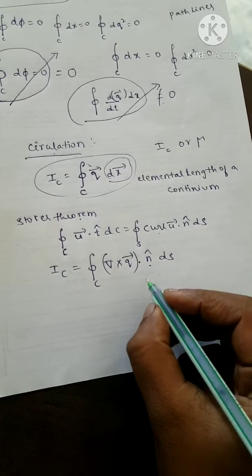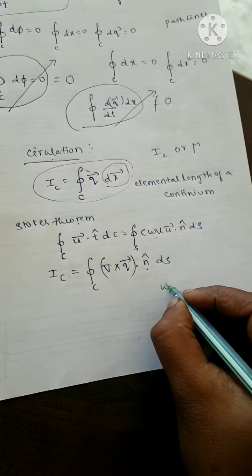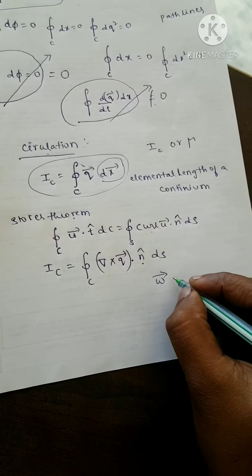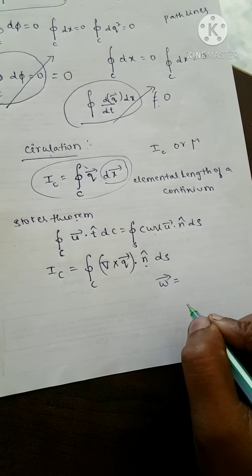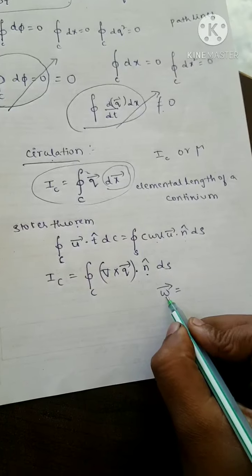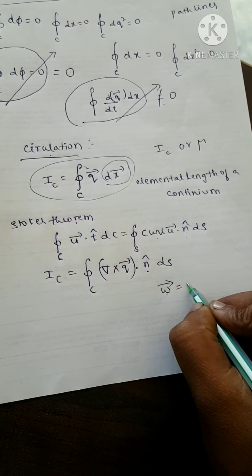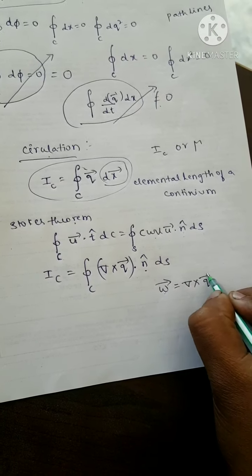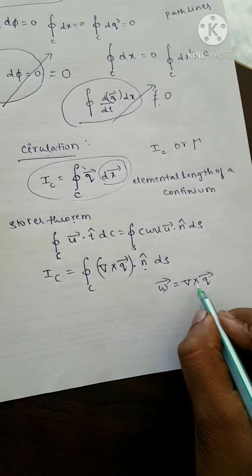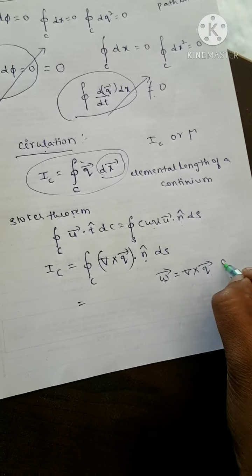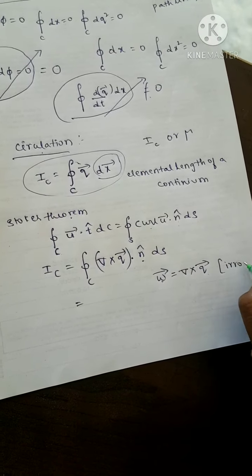Now you are already familiar with the vorticity vector omega. While explaining irrotational motion, I told you that omega is the vorticity vector given by omega is equal to curl q. This is the definition used for irrotational motion.